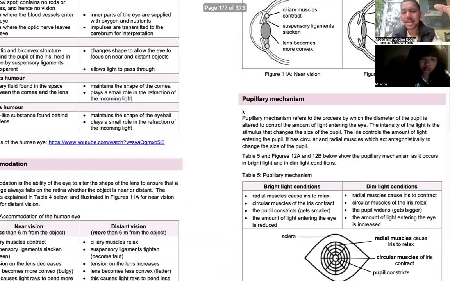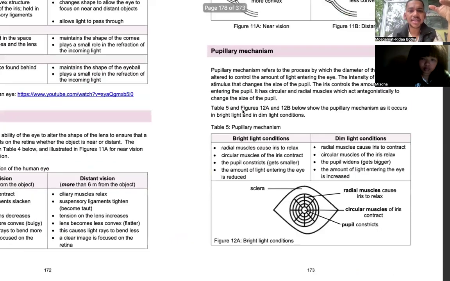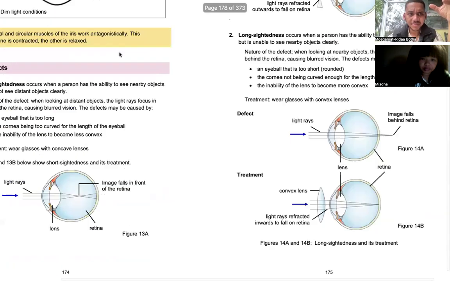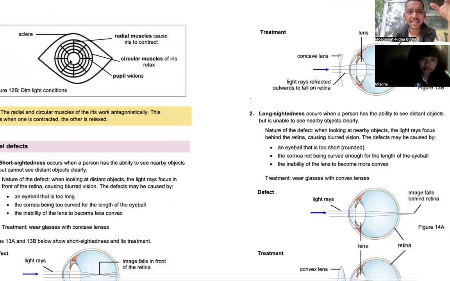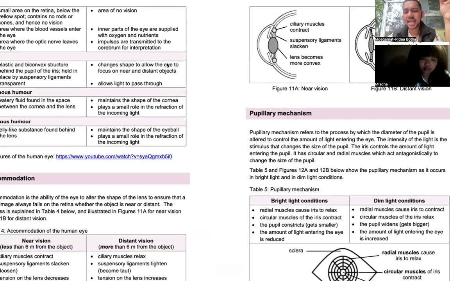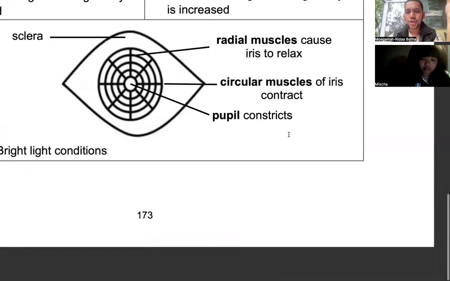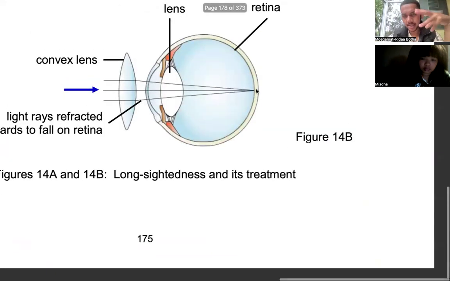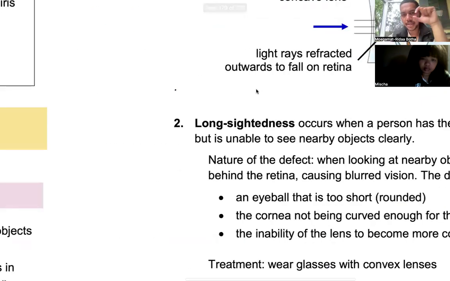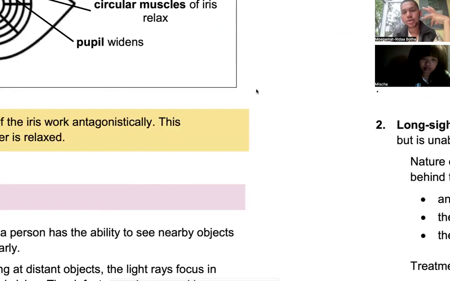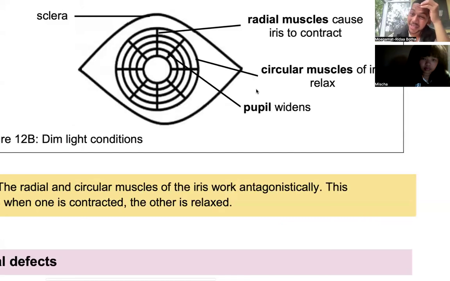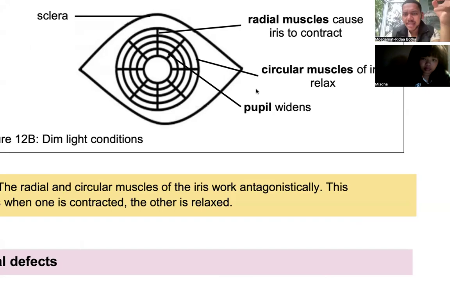The pupil widens or gets bigger, and then you just end off by saying that the amount of light entering the eye is increased. So in dim light conditions, the pupil gets bigger because you want more light to enter the eye so that a clearer image can be formed on the retina.